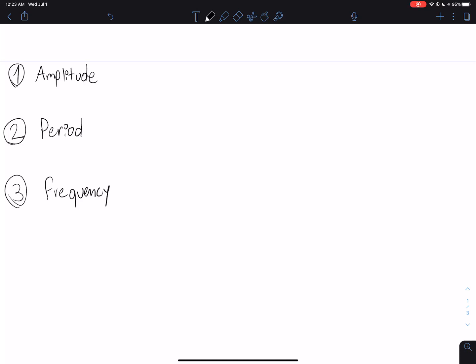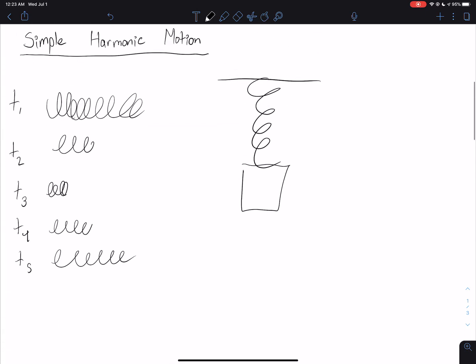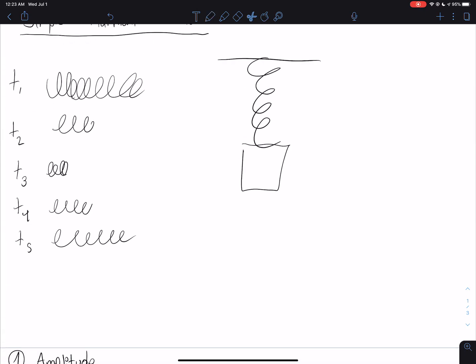What is amplitude? Amplitude is simply the maximum distance that the spring is going to compress or stretch. So, for example, again, we can just look up here, in this scenario on the left, we see that this is the maximum amplitude.